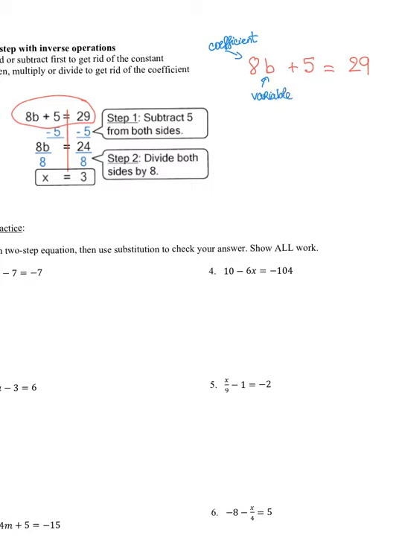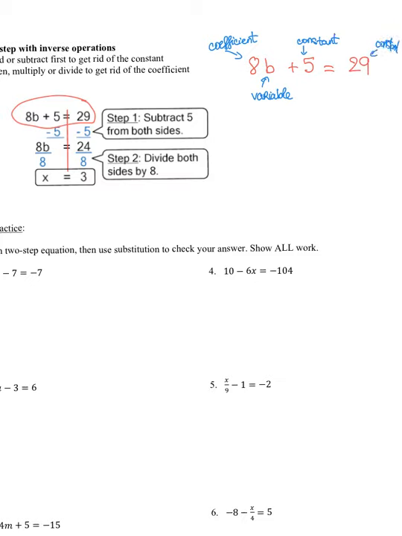It can be any letter, a, c, z, x. x is the common variable that we usually see. 5 is a number, and we call it a constant. 29 is also a constant.